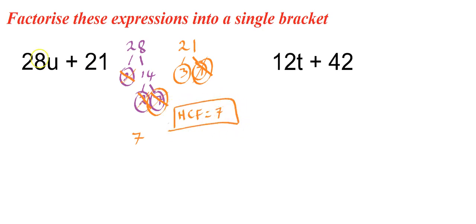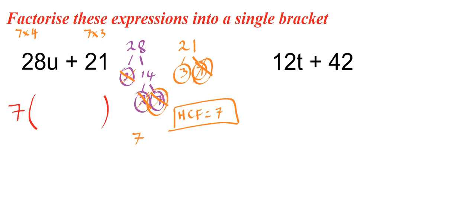7 is a factor of 28 because it's 7 times 4. And 7 is also a factor of 21 because it's 7 times 3. And it's the biggest factor they both share. So what do we do with this information? Pretty simple. The 7 goes here, outside of the brackets that we're going to end up with. What goes in the brackets?